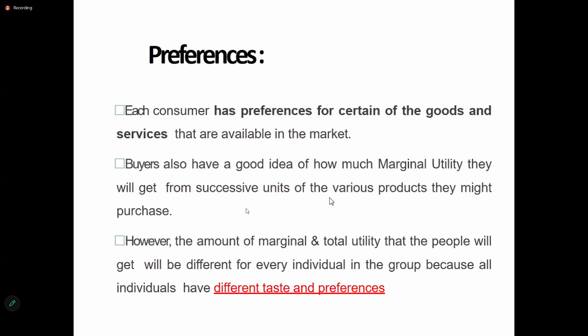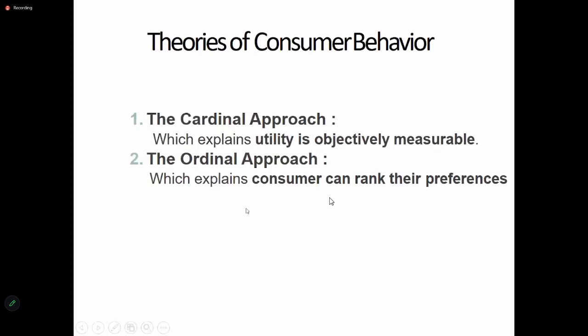Okay, so here you need to discuss the two main approaches of consumer behavior: the cardinal approach and the ordinal approach. We discussed the main things beside consumer behavior: their preferences and budget constraints. So when they purchase things, these two approaches are important.